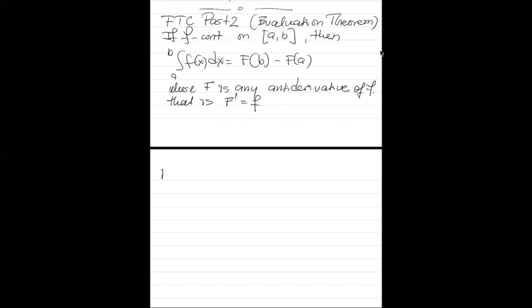So example, the integral from 1 to 9 of the square root of x dx is equal to the integral from 1 to 9. Let's write down the square root of x as x to the 1/2 dx. And that's equal to, any antiderivative of x to the 1/2 would be x to the 3/2 divided by 3/2. Evaluate this from 1 to 9. And after your calculations, you should get 52/3.